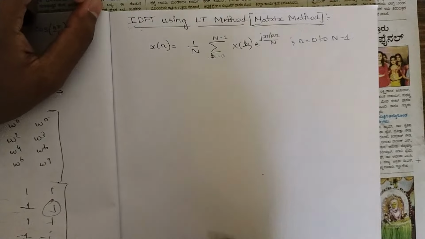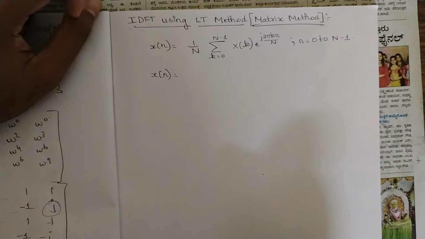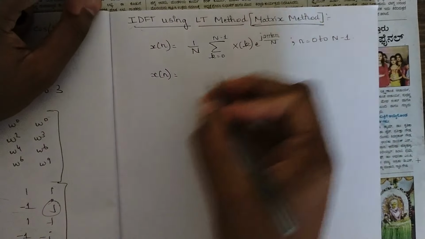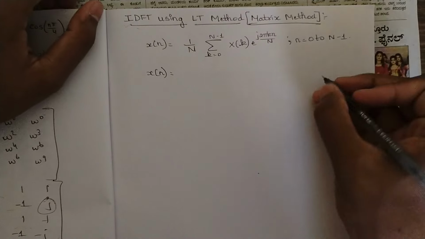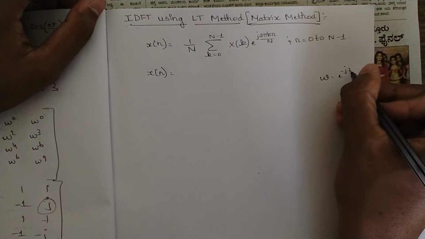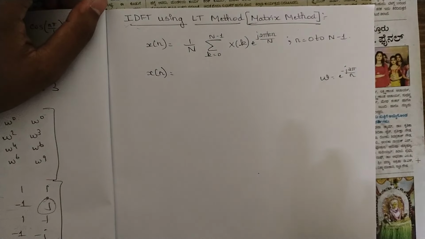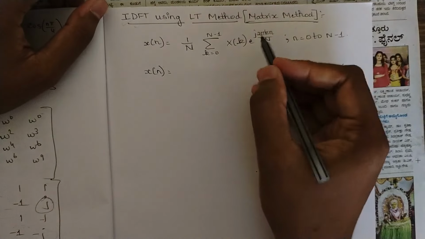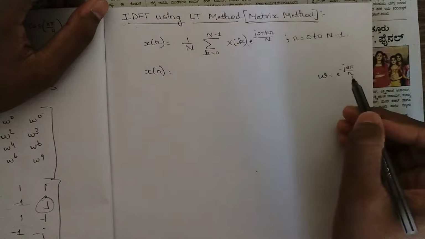Now, how to calculate the IDFT using this matrix method: we know that in the previous case, in the DFT matrix method, W is equal to e power minus j 2 pi by N, right?